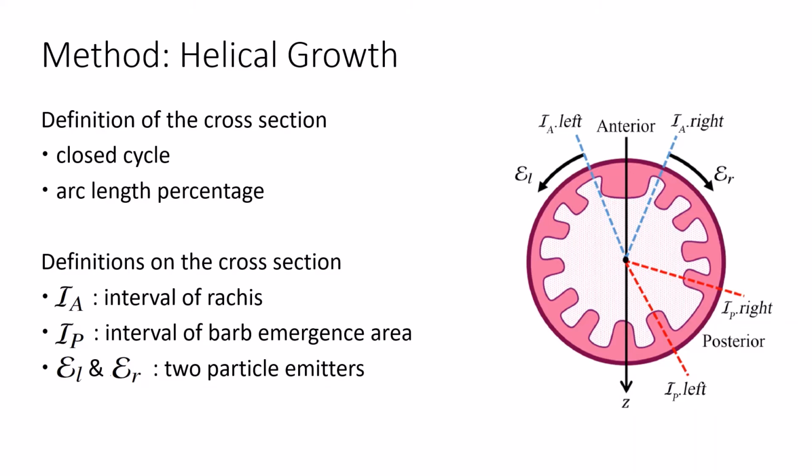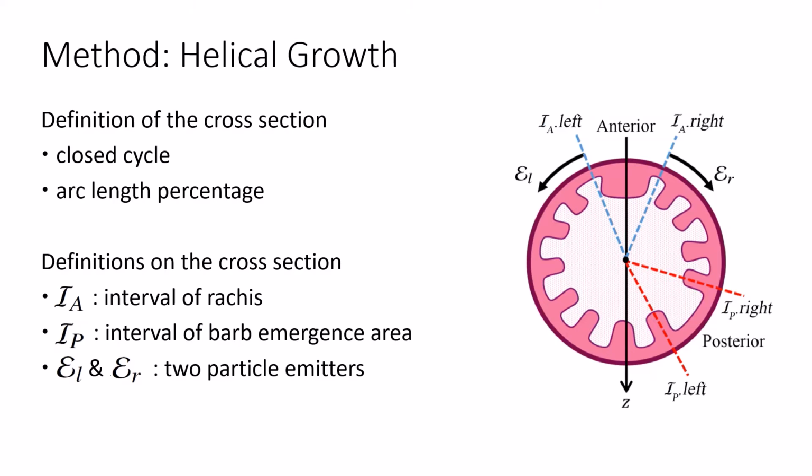Before simulating the helical growth, we need to first build the mathematical model on the follicle cross-section. We treat the follicle cross-section as a closed cycle parameterized by the arc length. And in this one-dimensional curvilinear space, we need to define the rachis interval and the barb emergence interval.